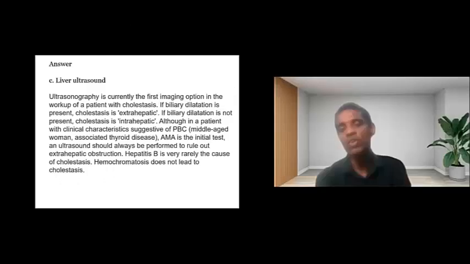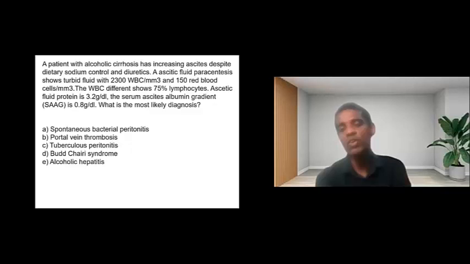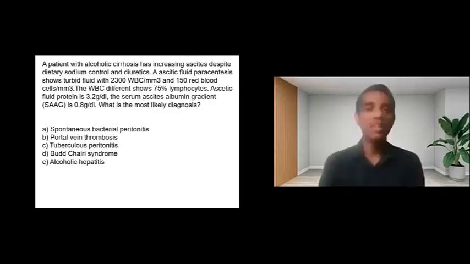This is mainly not a liver test, but it's important in patients with cirrhosis. A patient with alcoholic cirrhosis, despite dietary sodium control and diuretics, comes with ascites, and you have done a tap and found a high WBC count in the ascitic fluid with 75% lymphocytes, and the ascitic fluid protein is 3.2, with the SAAG, you know what SAAG is, isn't it?